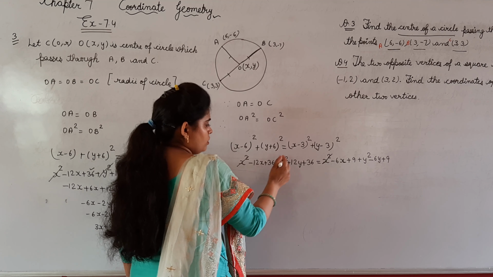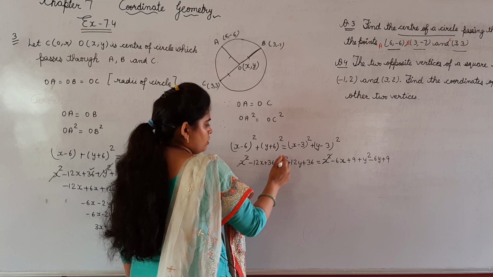From here 18 minus 72. What will get? Minus 12 minus 8, 4. 6 minus 1, 5. Minus 6x plus 18y. Now what we will do? We can take minus 6 as common. What will left? X minus 3y is equal to 9. It is equation number second.